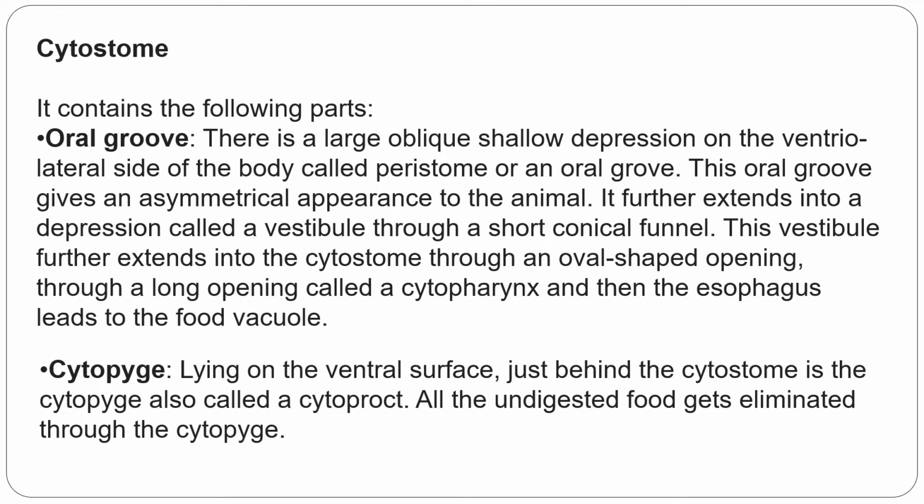It further extends into a depression called the vestibule through a short conical funnel. This vestibule further extends into the cytostome, and through a long opening called the cytopharynx, the oesophagus leads to the food vacuole.